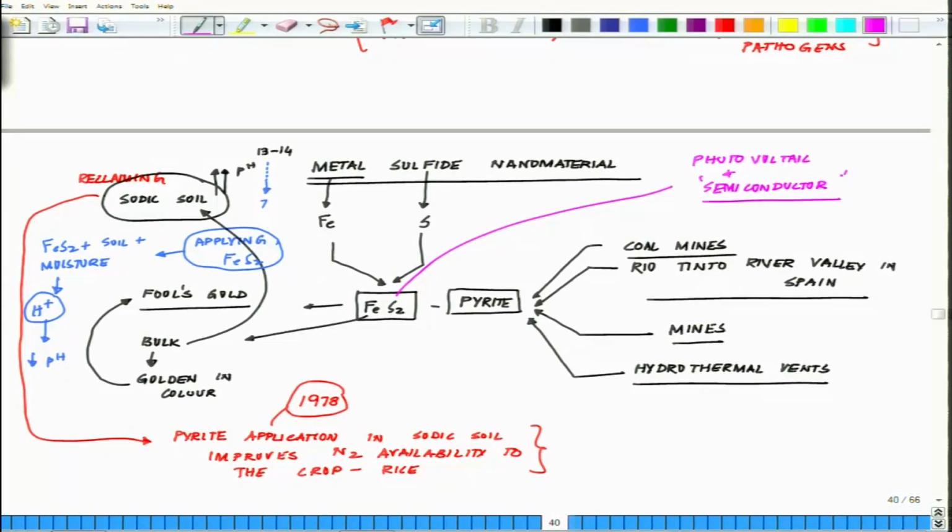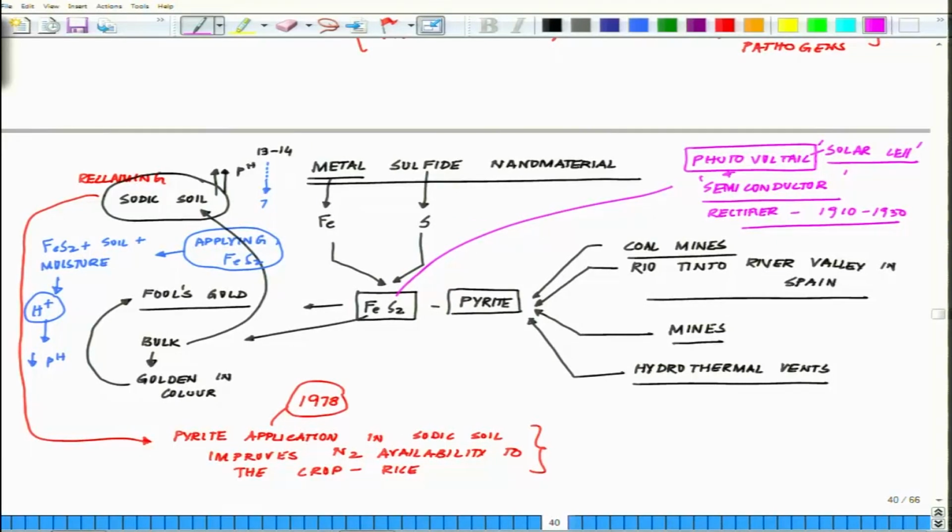For semiconductor applications, these were used as rectifiers as early as 1910 to 1930. This is the time when these pyrites were used as rectifiers, and it has tremendous photovoltaic potential if it could be exploited for solar cell applications. So, pyrite is nothing new to us.